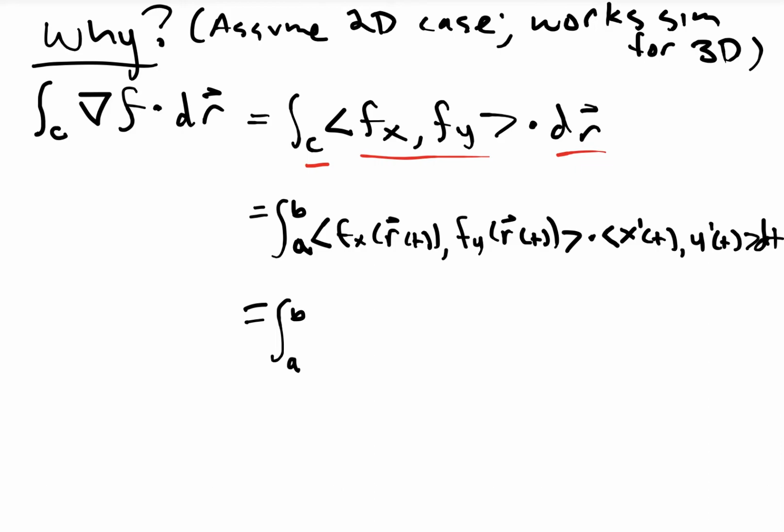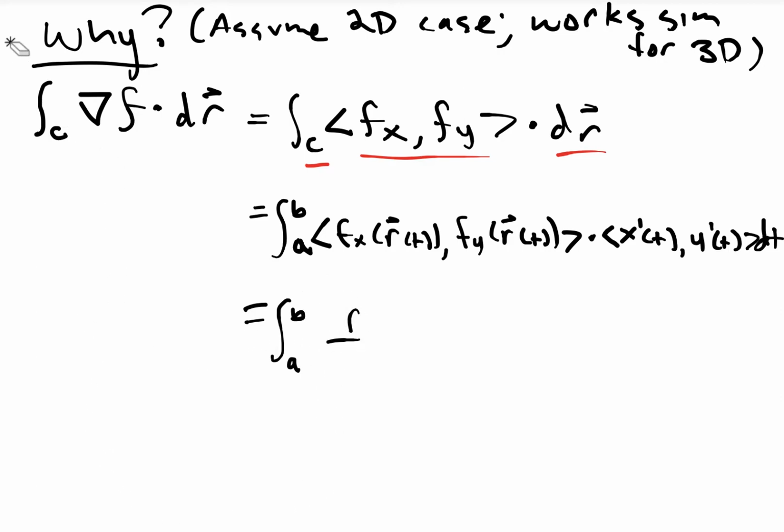Notice this fx function, right? This is really a derivative of my function f with respect to x. I just have some t stuff subbed into it. So here I'll note that was a df dx, okay, that has this function substituted into it. Now this thing on the end here, this is an x prime of t. Actually, let me make sure that I got my partials straight here.